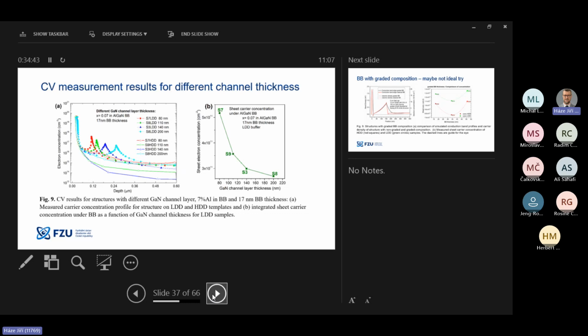Here are some results measured from CV measurement. We can see the channels. Here is the two-dimensional electron gas under the AlGaN main barrier, and here is some electron concentration under the back barrier, but several orders of magnitude lower, of course, than the main part, and still it works well, much better than if the AlGaN back barrier is not there.